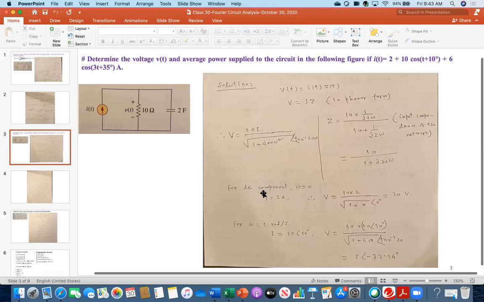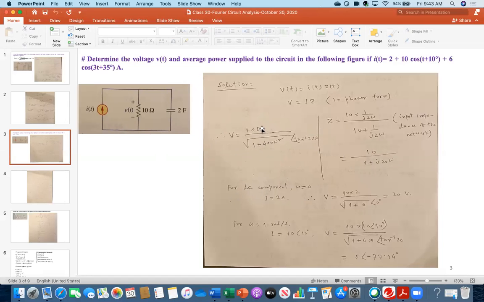Now I am writing for the DC component. Just look at this I, because 10 over this one is just a number, a magnitude. Now your concentration is on I. My first I is 2, but this 2 is DC current. So for the DC component, omega is 0, because for DC the frequency is 0.